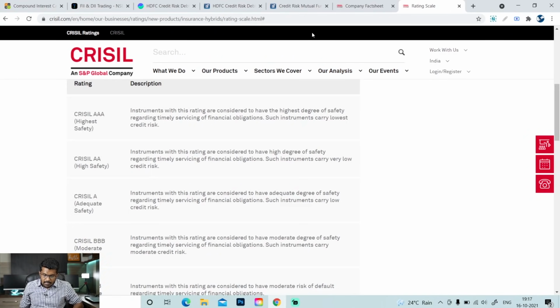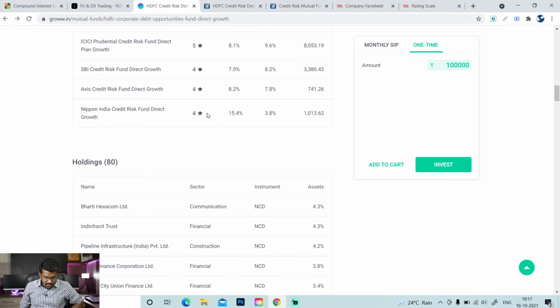Now, if you go and research all these companies which they have given money to, you can find that they have given money to companies which have a good record, or they have paid money in time, or they have not defaulted in their payment. So you have to do research before you are investing in this credit risk fund, so that you get good interest. Now there is one more fund called ICICI Prudential Credit Risk Fund, which has given a return of around 8.5%, or you can go for SBI Credit Risk Fund, which has given a return of around 7.5%.